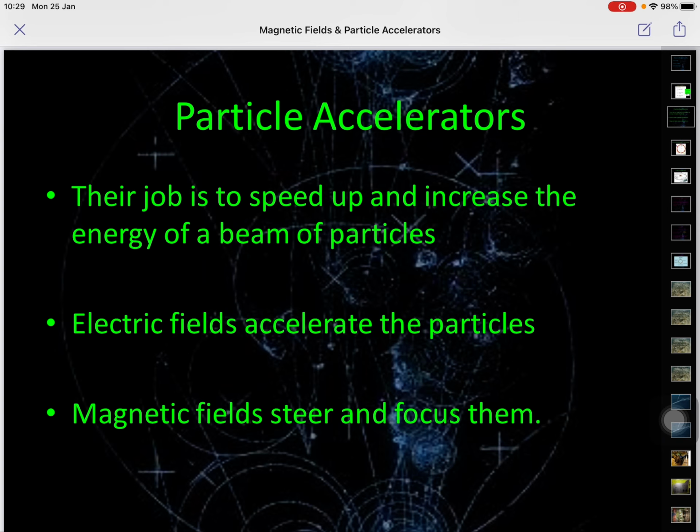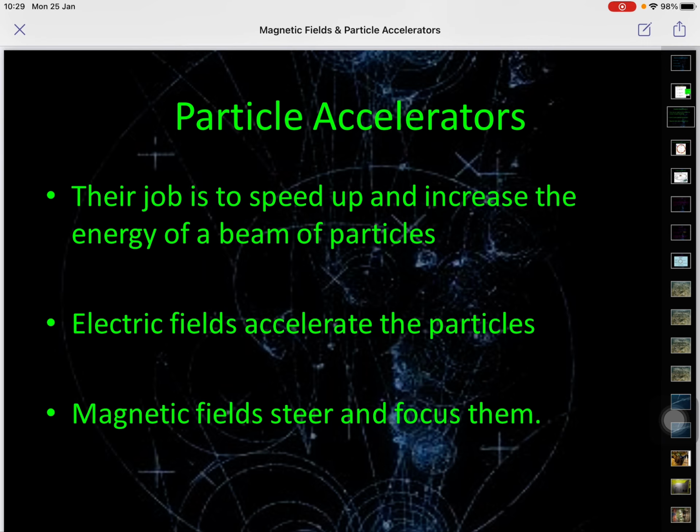That's what they do. They accelerate particles and collide them in the hope of making new particles. So the whole subsection very much revolves around CERN and the work that they do. It might be useful to go on to CERN's website and have a read about the information they've got on there and what they do.